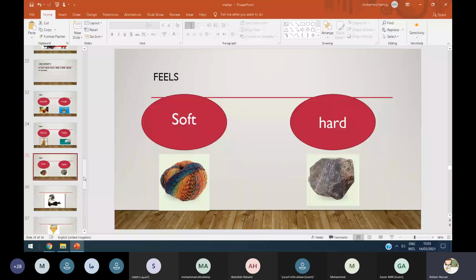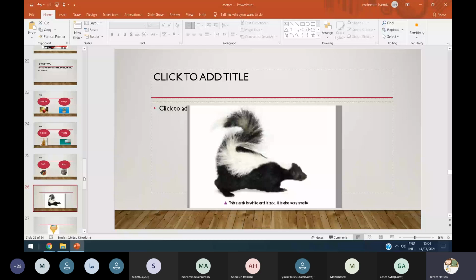Super. Yes, Abdulaziz. Look at this animal and try to tell me about the properties of this animal. This animal, her color is white and black.